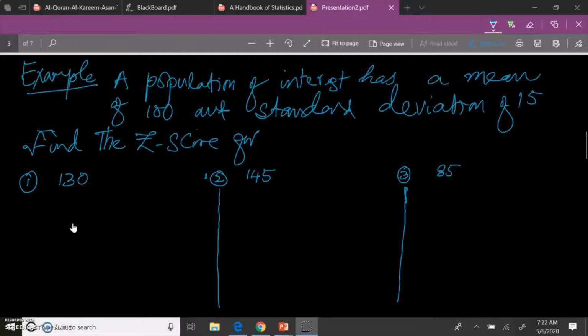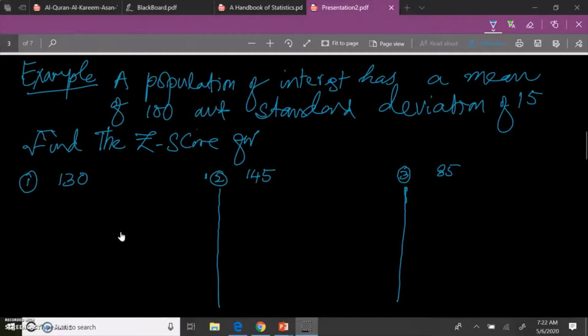In order to understand the idea, we take an example. A population of interest has a mean of 100 and a standard deviation of 15. Find the z-score for three cases: 130, 145 and 85.